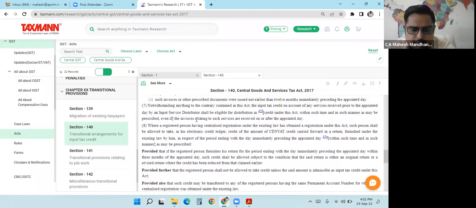And this type of credit was allowed only when they have sold those goods. Number one, they should have an invoice, that is a tax invoice or other tax paying document. The goods in respect of which they are claiming the credit should be available in the stock on the appointed day, and those goods should be sold or supplied by them within 6 months from the appointed day.